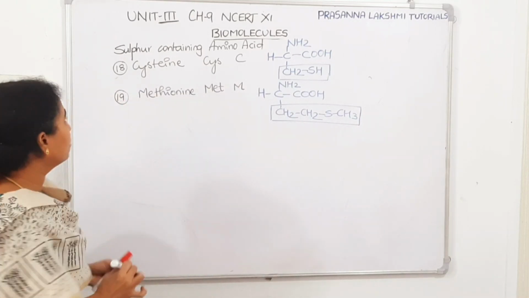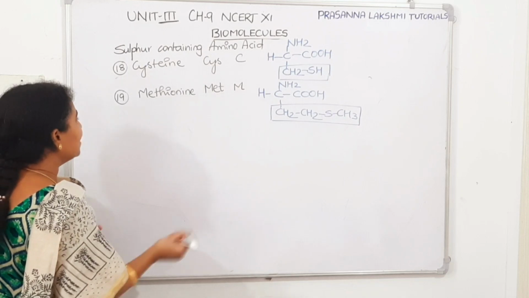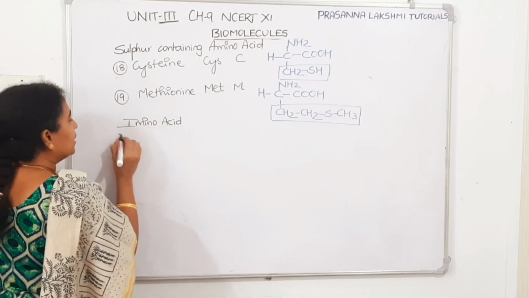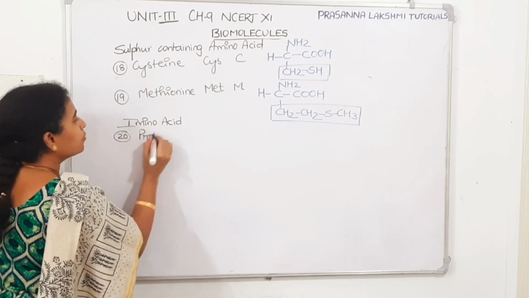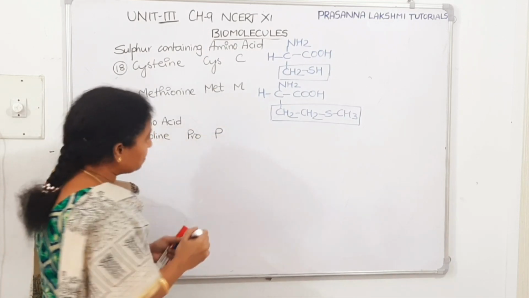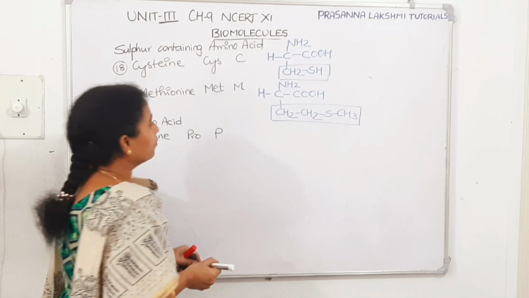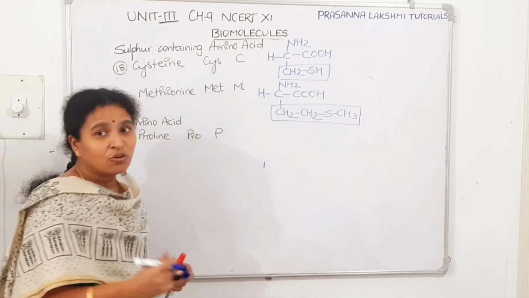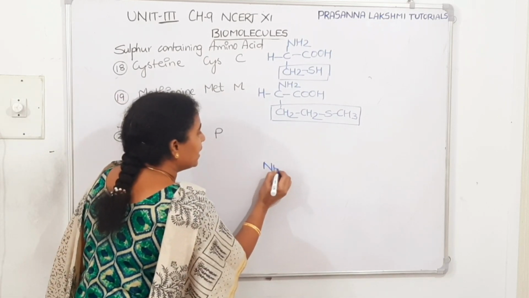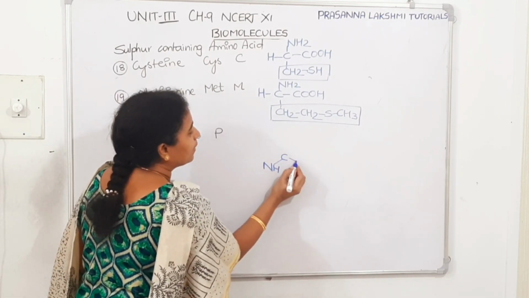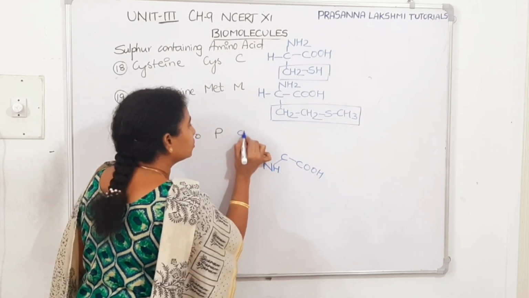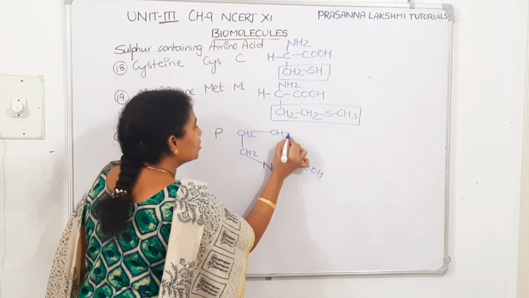The last amino acid is called an imino acid. It is named proline. The 3-letter representation is PRO, and the single letter representation is P. Now, the structure of proline: since I told you it is imino, imino means NH group, not NH2. Here is the NH group, here is the alpha carbon with the carboxylic group, and CH2, CH2, CH2.